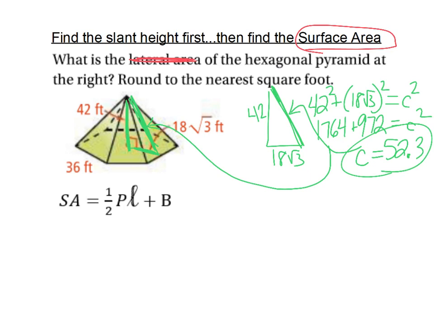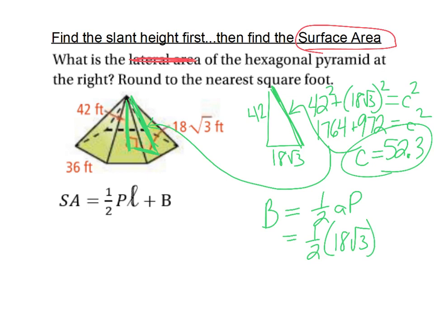Okay. The other thing that we're going to have to know to find the surface area is the area of the base. So let's work on area of the base. That's equal to 1/2 AP. So 1/2. The apothem they gave us, that was the 18 root 3.